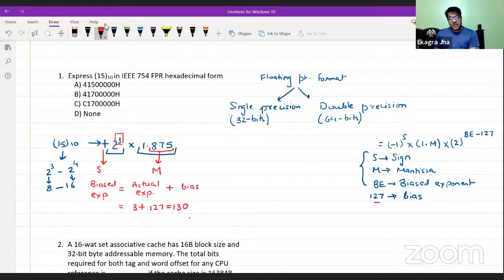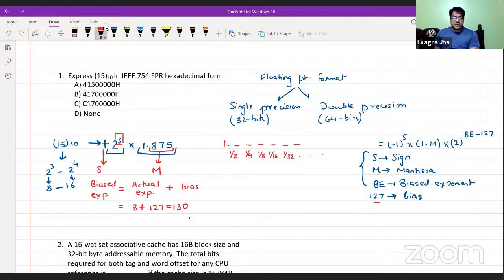To find the binary of the fractional part, the first value should be a half, another value should be 1 by 4, then 1 by 8, then 1 by 16, then 1 by 32, and so on.